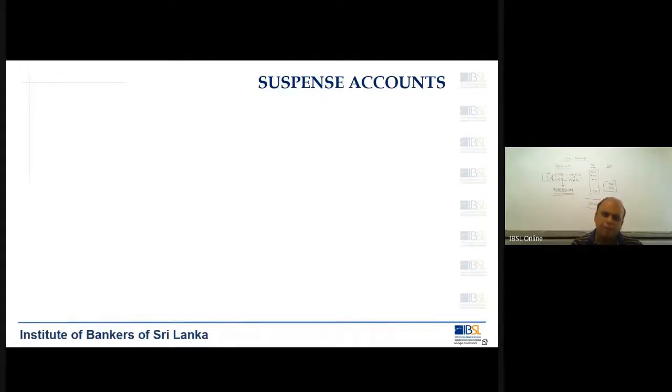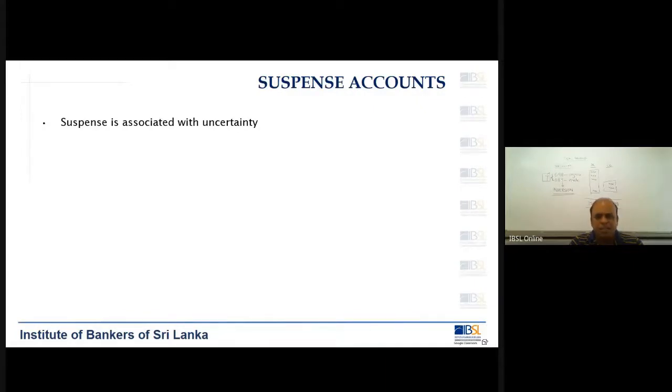Likewise, when preparing trial balances and financial statements, there can be situations where the trial balances are not balanced. So then what do we do? That is what we are looking at with suspense accounts. The meaning of the term suspense is associated with uncertainty.